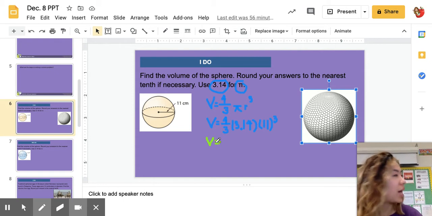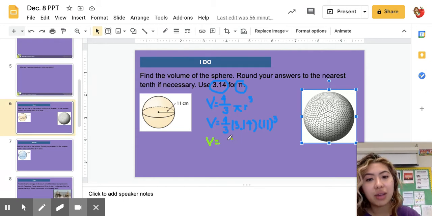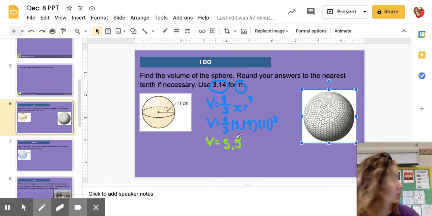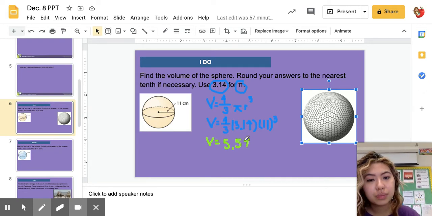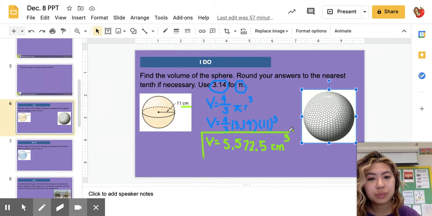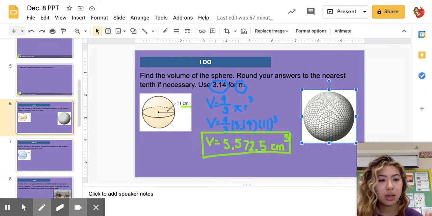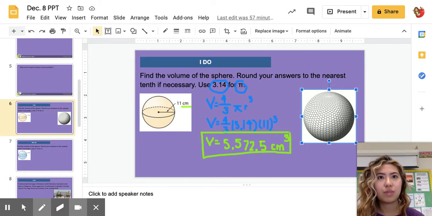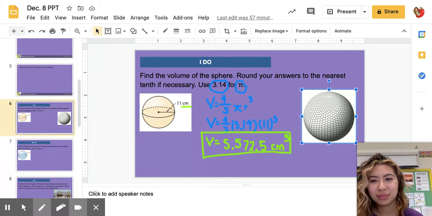When I do that and round to the nearest tenth, I get 5,572.5. And my unit of measurement in this problem is centimeters. And because we're finding the volume, it's going to be cubed, since volume is for 3-dimensional shapes.